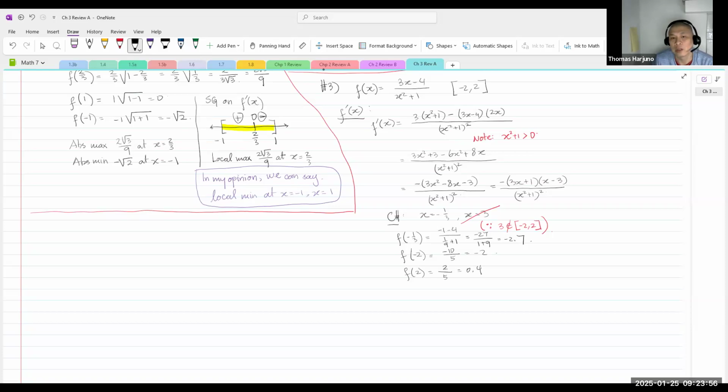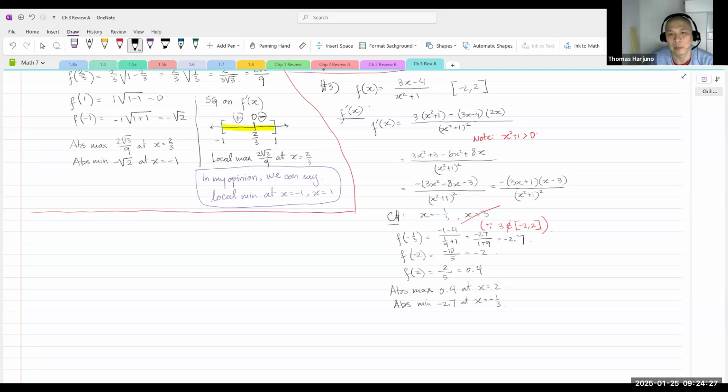From there, we can already tell that the absolute maximum is 0.4 at x equals 2. That's the endpoint. The absolute minimum is negative 2.7 at x equals negative 1/3. Of course, from here we can also see right away that this absolute maximum and absolute minimum are supposed to be local maximum and local minimum also.